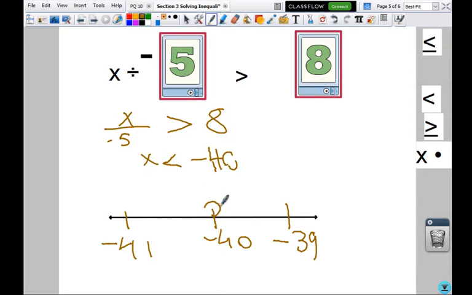Less than negative. Alright, so we get x is less than -40. And because we multiplied by -5, we flip our symbol. So it's actually going left instead of right. So our circle is going to the left.